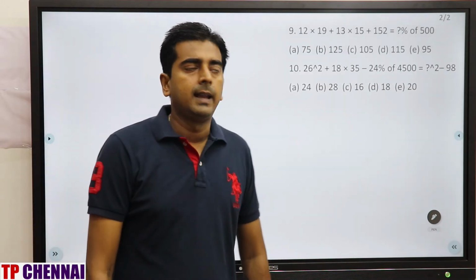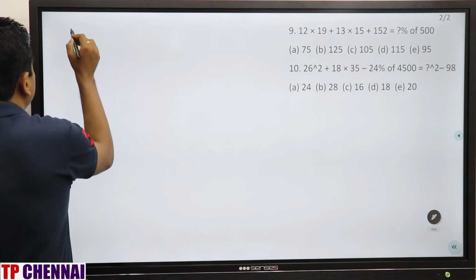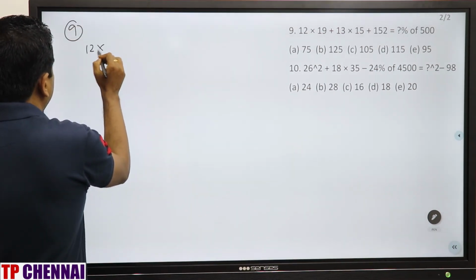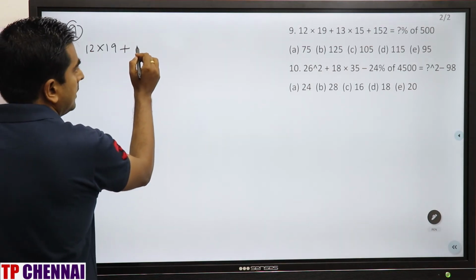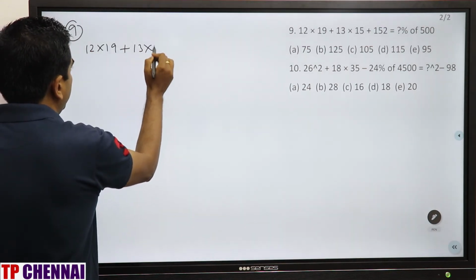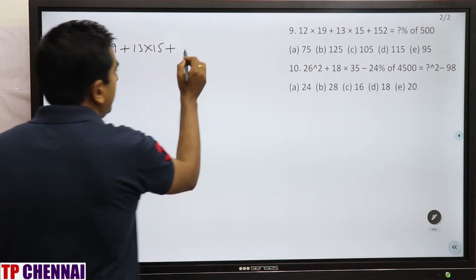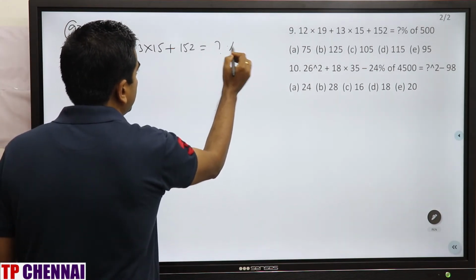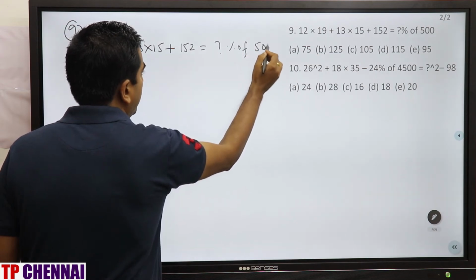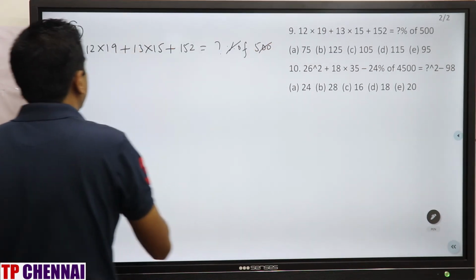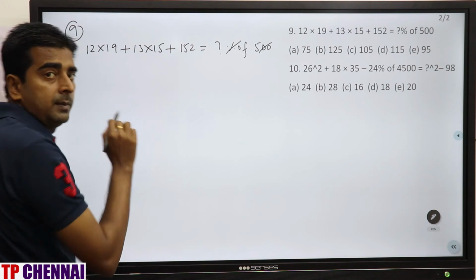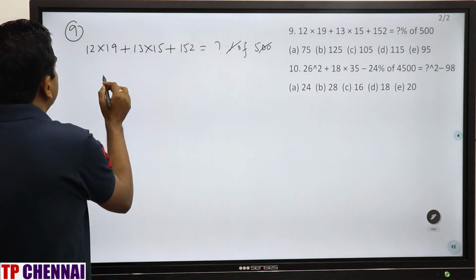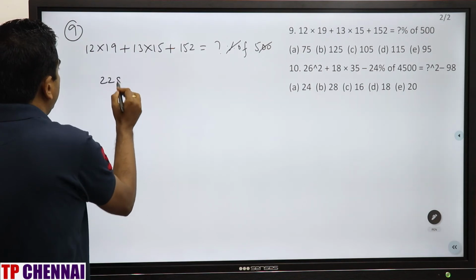So now we'll see question number 9. Twelve into 19 plus 13 into 15 plus 152 is equal to question mark percent of 500. So this percentage, double zero will go. This is 12 into 19, which is nothing but 38 into 6, which is 228.